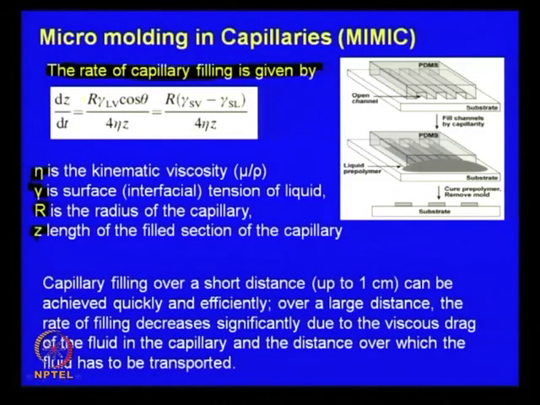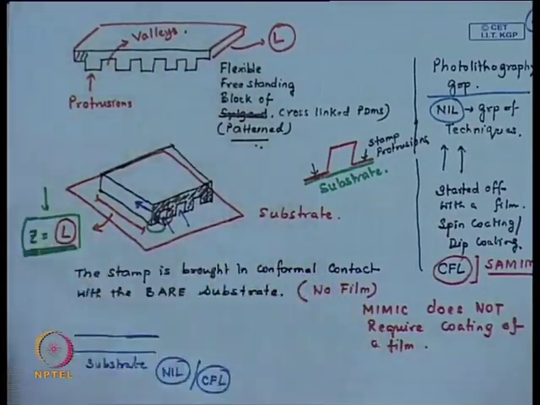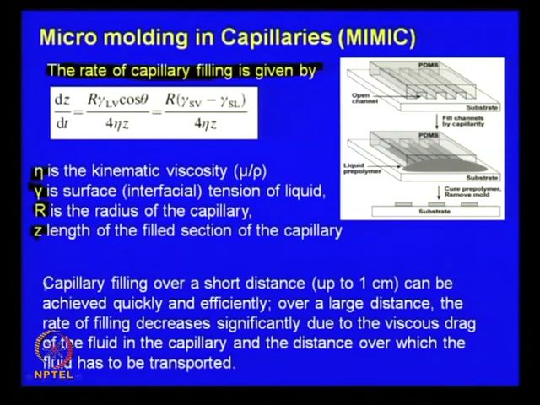However, do not forget that if you have a very wide stamp, that is, L is very long, there can be some difficulties in terms of the filling, because it has been observed that capillary filling over a short distance, let us say up to about 10 millimeters or a centimeter, can be achieved quite quickly and efficiently, but over large distance the rate of filling decreases significantly due to viscous drag effects, primarily of the fluid in the capillary and the distance over which the fluid has to be transported.